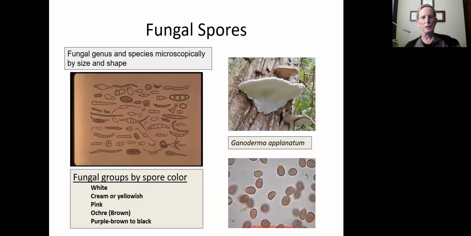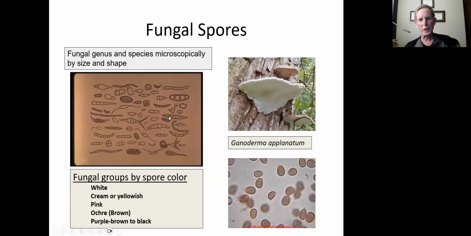Spores, again, I point this out because if you go to an older field guide, spores were sort of the coin of the realm when you were trying to define where you were in the fungal kingdom, even though you can't see them. They have microscopes now, and that's only from about the 17th century. And on the top left, this is from an old mushroom book.